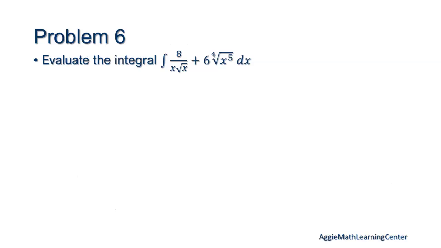Cool. Evaluate the integral of 8 over x root x plus 6 times the 4th root of x to the 5. Personal preference, I hate square roots. I hate looking at them. They're not fun. They, respectfully, suck. So I want to make this look better.